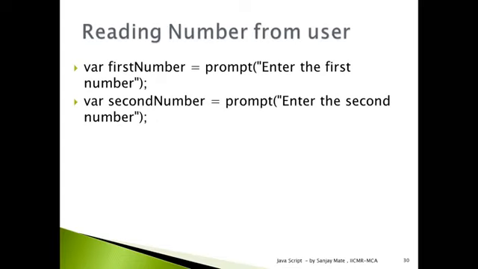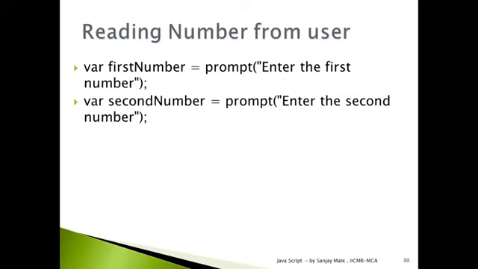If you want to read numbers from the user, in C we use scanf for reading numbers. But here you can use the prompt function. Under that, you can write enter the first number, prompt enter the second number. This prompt will return the values entered by the user into the first number and second number. But all these numbers are in the form of strings.